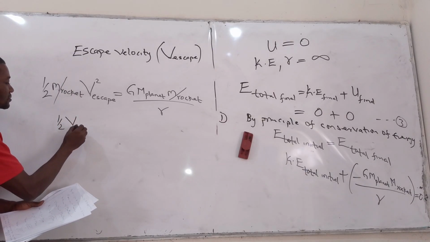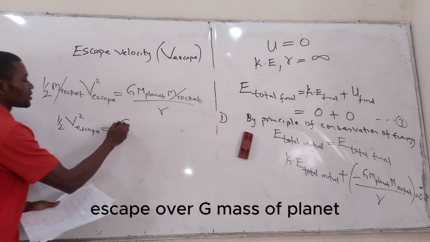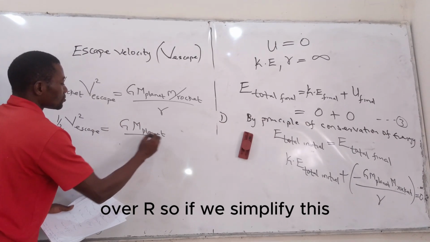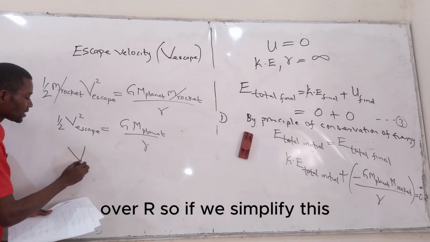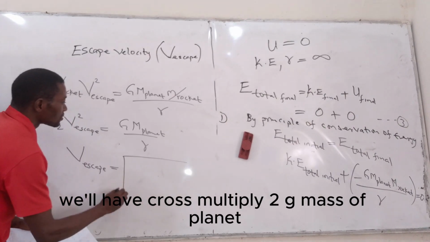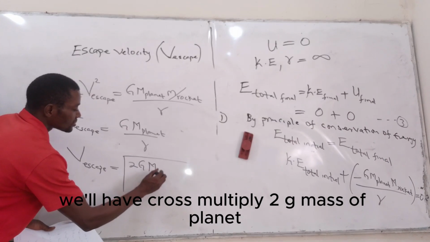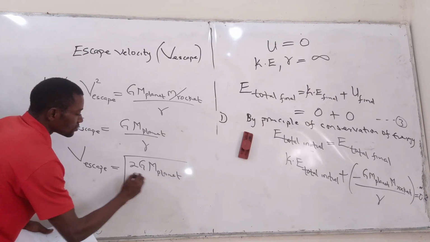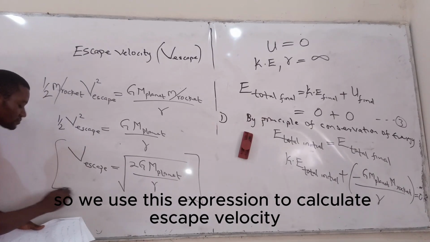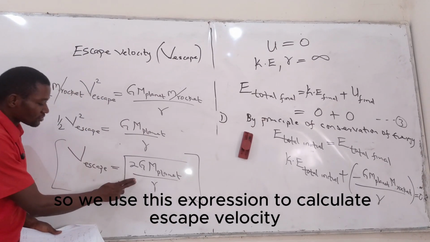Half V escape squared equals G mass of planet over R. So if we simplify this, we cross multiply, 2G mass of planet over R. So we use this expression to calculate escape velocity.